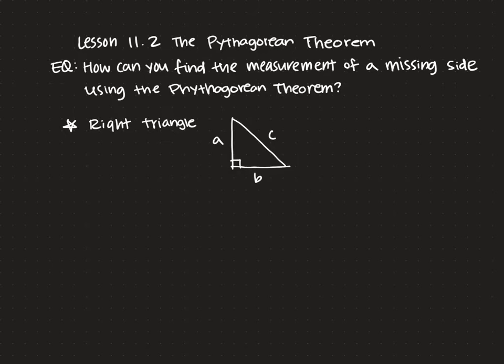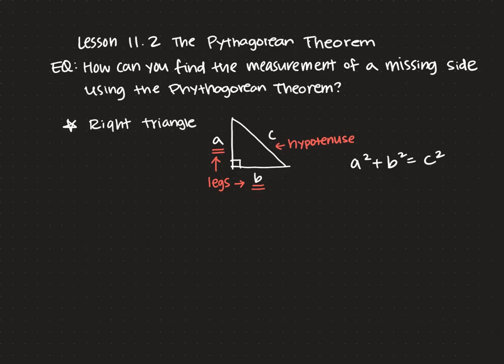The two shorter sides are called the legs, and if you square them and add them, it's going to equal the squared length of the longest side, which is the hypotenuse. So the equation is a squared plus b squared equals c squared, and it has to be equal when you add those squared numbers of a and b.